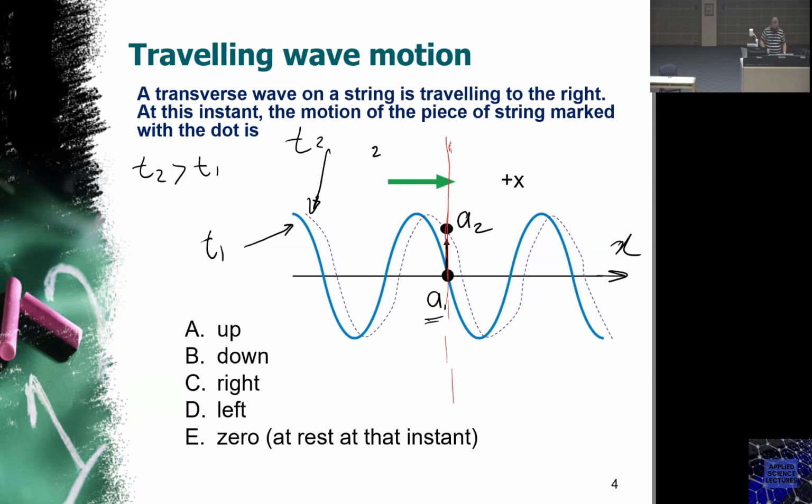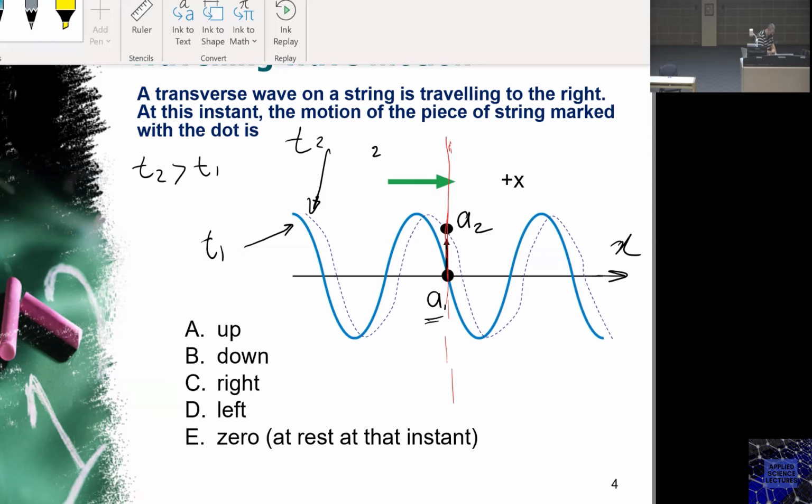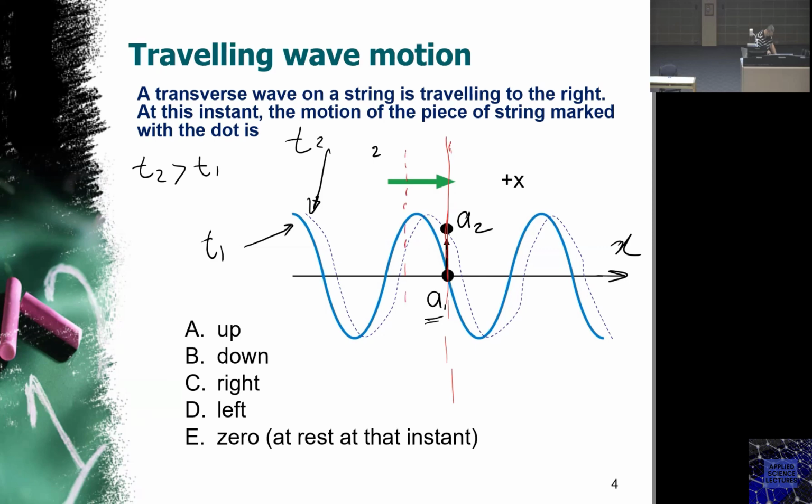Now, let me show you this. If I am to look at a different position on the string, if I am to draw this line, now this string is going to oscillate between the maximum and the minimum, right?